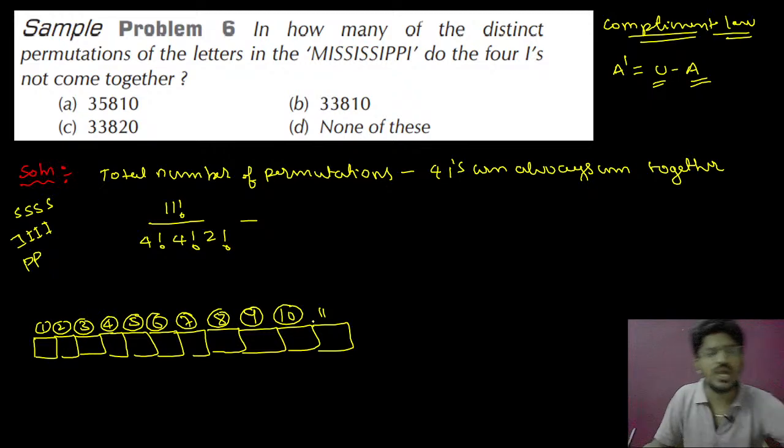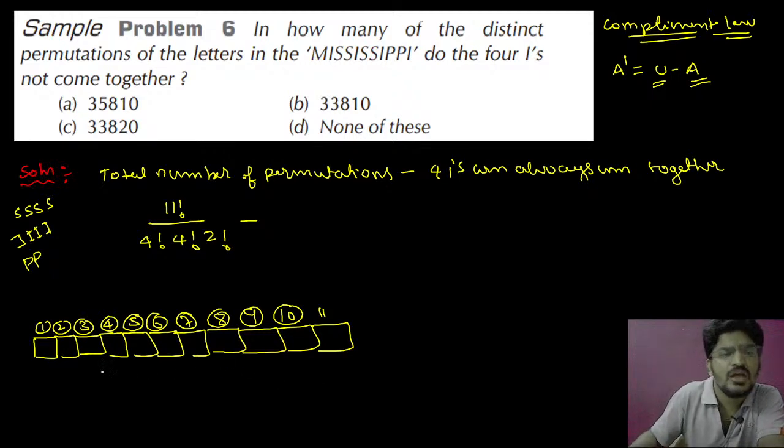Now from these 11 boxes, 4 boxes will always remain the same. That means these 4 boxes are going to be converted into 1 box. Clear?